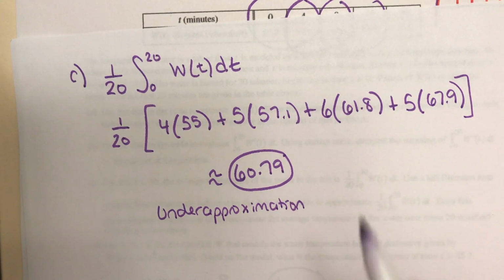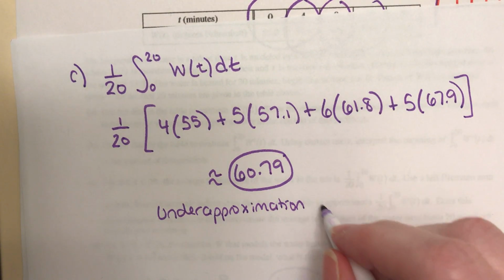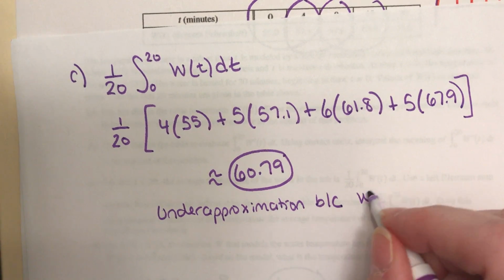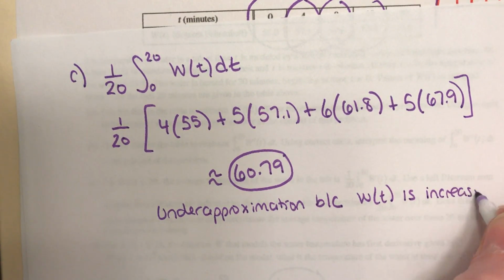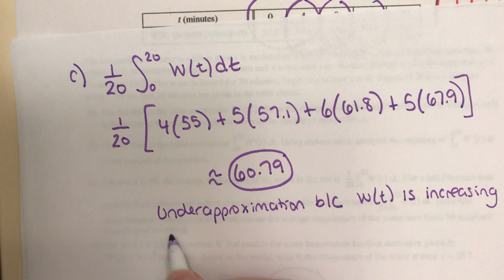Now we want to use calculus to explain this because W of t is increasing, and a left Riemann sum would sit below the line.